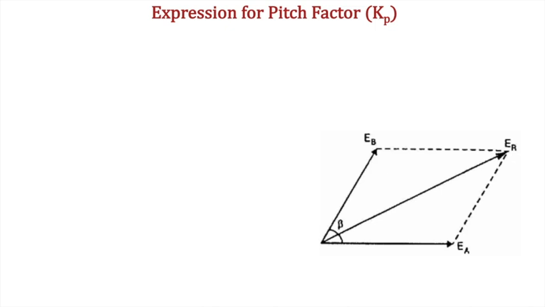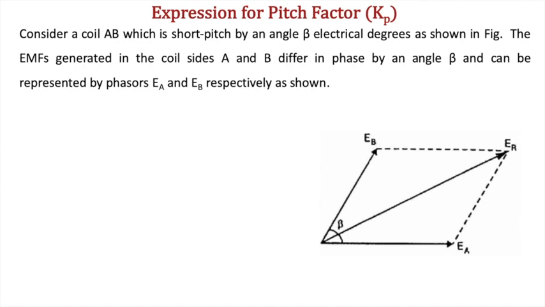So now here we can do the derivation. We can find out its expression. What is the expression for the pitch factor? For that we have taken the angle between the two coil slots. That is, we are considering a coil AB with a short pitch by an angle of beta, that is, one slot less than the full pitch. The EMFs generated in the coil sides AB differ by an angle beta, and are represented by EA and EB respectively.